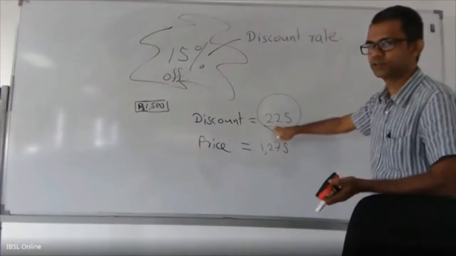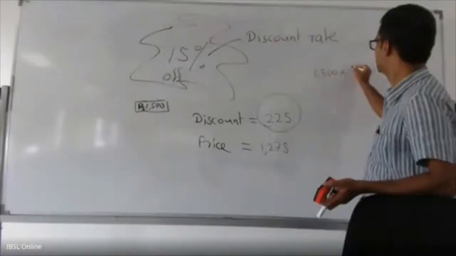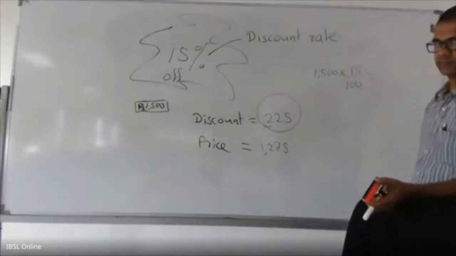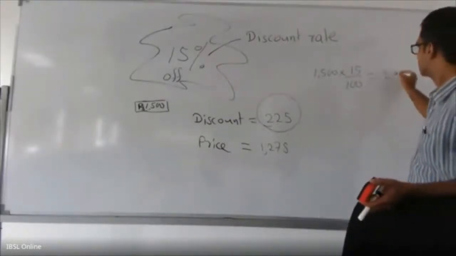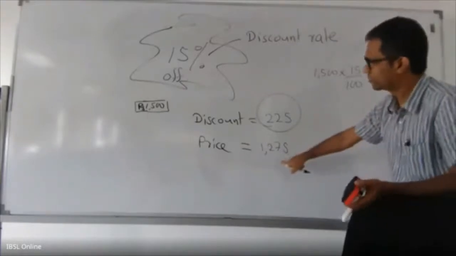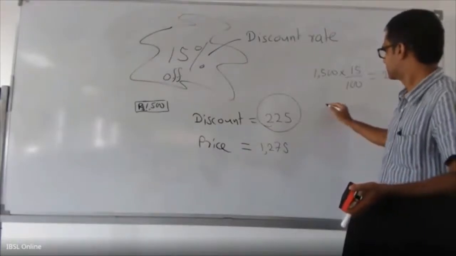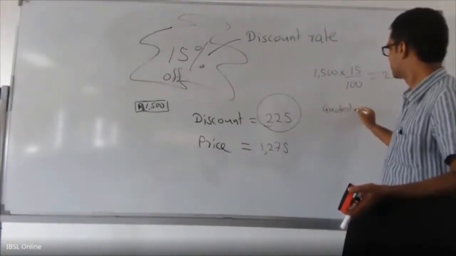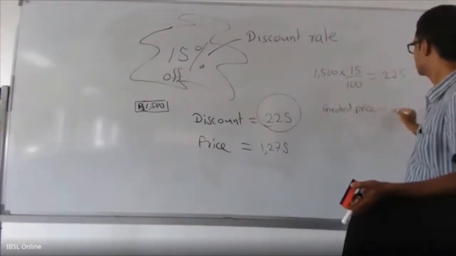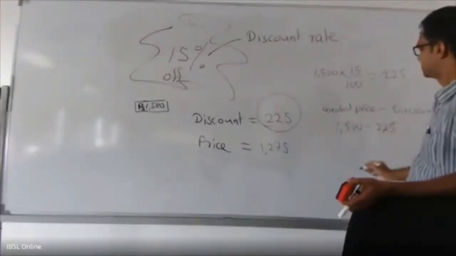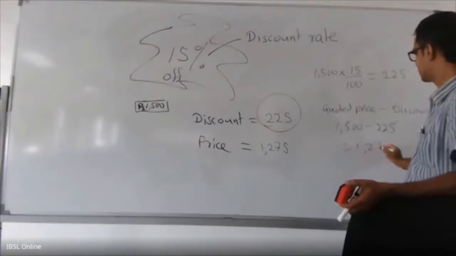How did you calculate this 225? 1,500 into 15%. You get 225. Then how did you calculate this price? It is the quoted price minus the discount. 1,500 minus 225. Then you get 1,275.